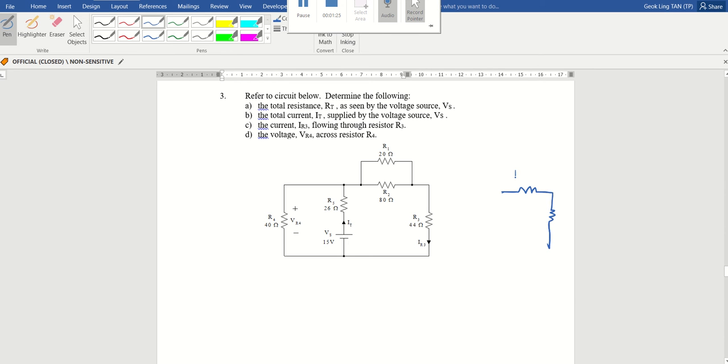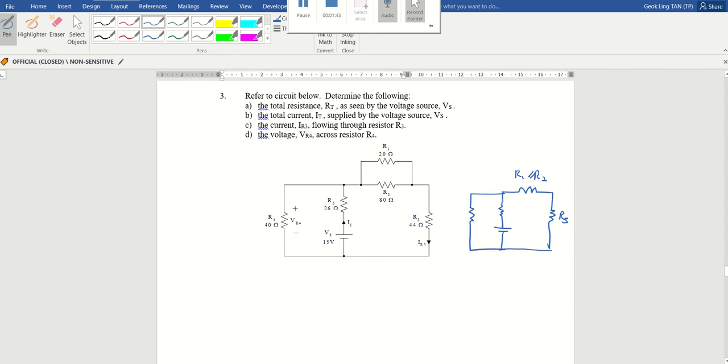You have R1 in parallel with R2, and you have R3. And in the middle we have this voltage source and a resistor. Okay, so then you have this on the left.